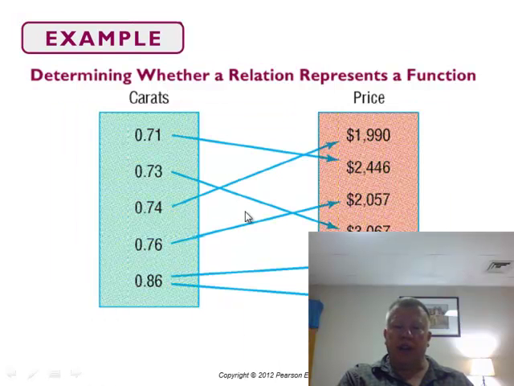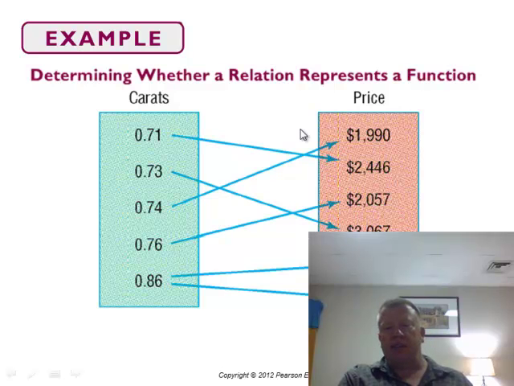Now here's an example of a relation that is not a function. In this example, you have 2 diamonds with the same weight, carats of 0.86, but that sell for 2 different prices. It could be that one is cloudier than the other or has a different cut than the other.